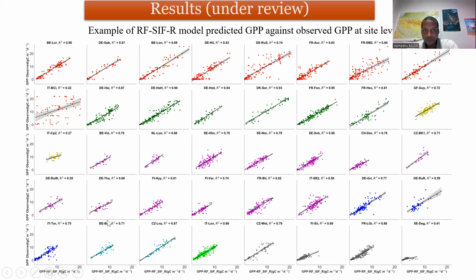What we can see is a high agreement overall, even though we have some sites where the prediction is very low, which we can interpret as the photosynthetic pathway effect, because here in Italy, this site is a cropland where in our model, we gathered everything, the C3 photosynthetic pathway and the C4 photosynthetic pathway.